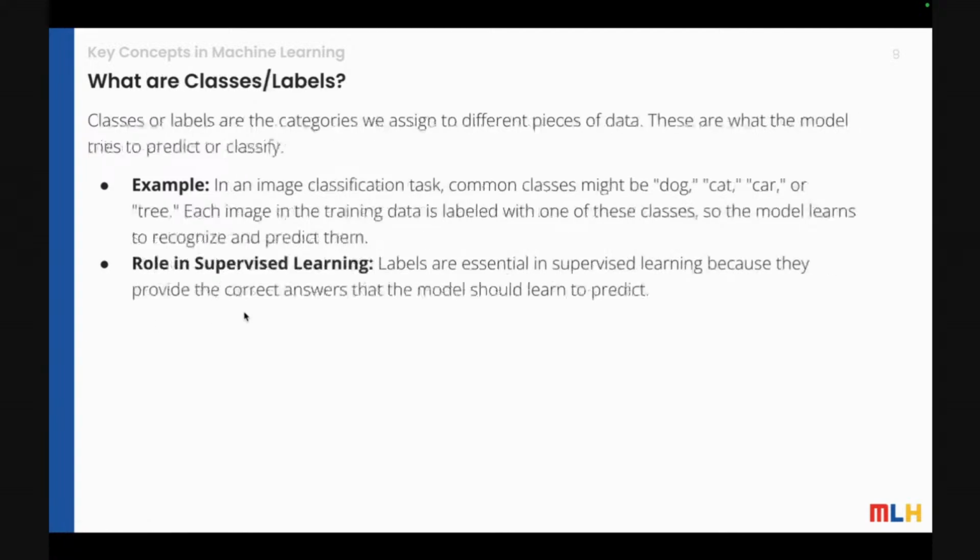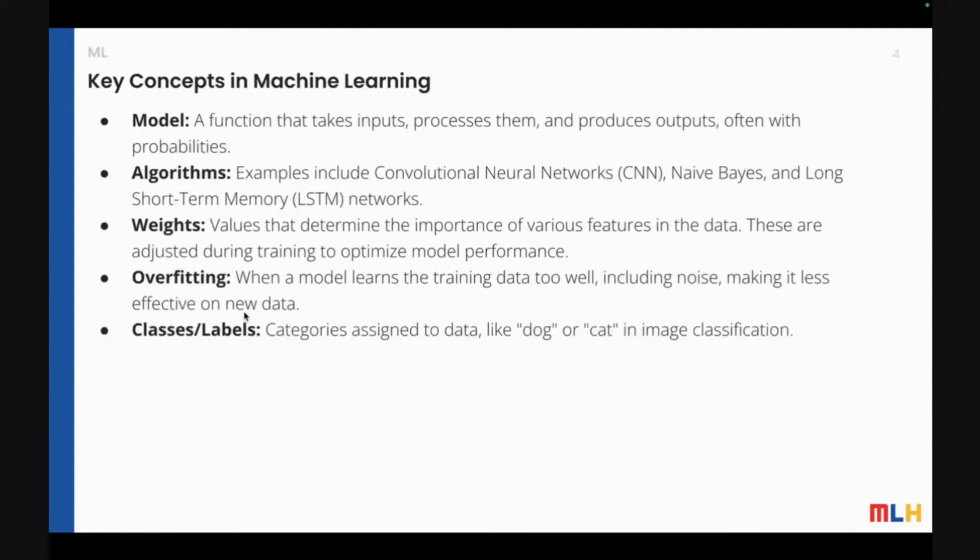And finally, what are classes and labels? It's basically very simple. These are categories assigned to data. For example, in an image, for the machine learning to learn, you will say that this particular image is of a dog, this is a cat. Or in an image, you will make something called a bounding box, where you focus on one part of the image and say, this is a dog and this is a cat.